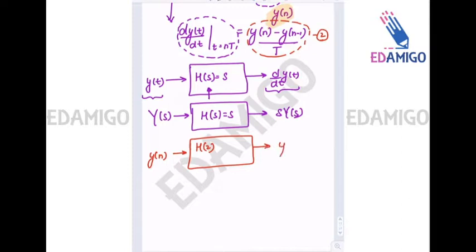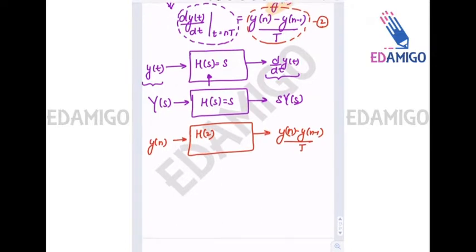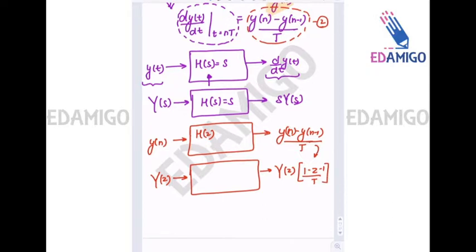The output is y(n) minus y(n minus 1) divided by capital T. Since the input is Y(z), by taking the z transform of this, the output is Y(z) times 1 minus z inverse divided by capital T. So H(z) will be equal to 1 minus z inverse divided by capital T.